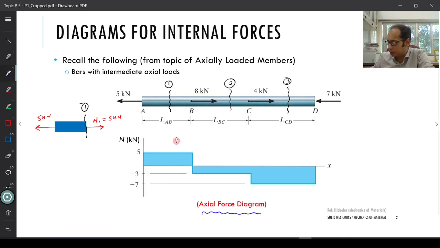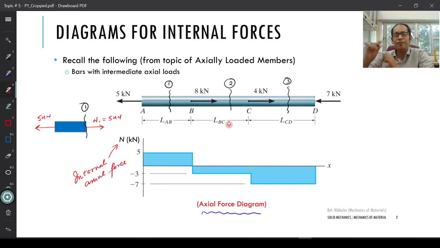Remember, this N that you see over here was nothing but the internal axial force. So we have already gotten a glimpse of how the internal forces vary. Now, this is a bar which is under pure axial loading.